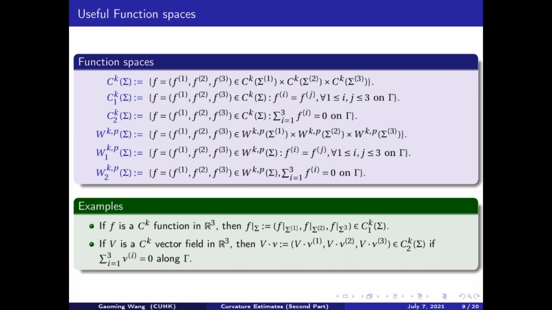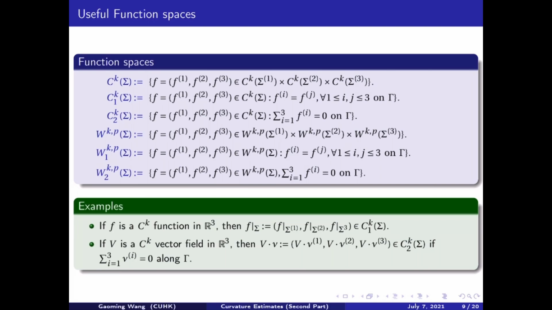We say a C^k function on Σ is in C_2^k(Σ) if the sum of f_i along γ vanishes. Still, let's give an example of functions in this space. We choose V being a C^k vector field in R^3 and choose a normal vector field ν_i on Σ_i such that the sum of ν_i vanishes along γ.